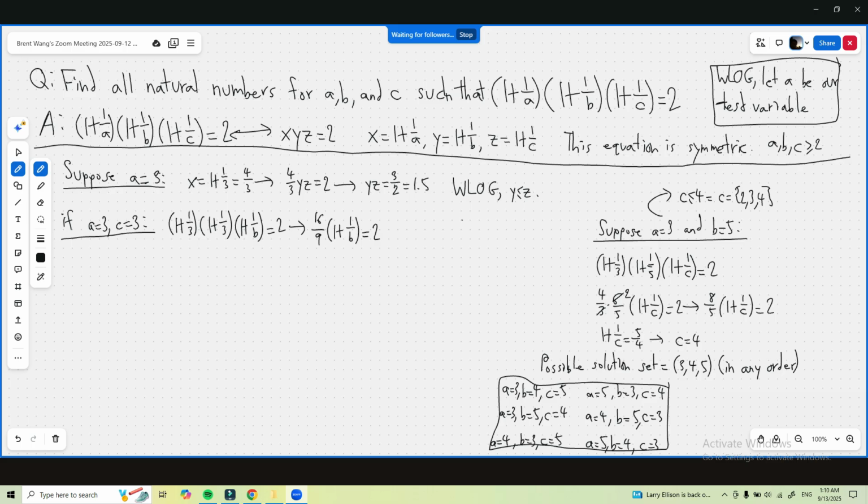Then times 9 over 16, 1 plus 1 over B would equal 9 over 8, and B would equal 8. So another possible solution set is 3, 3, and 8 in any order.